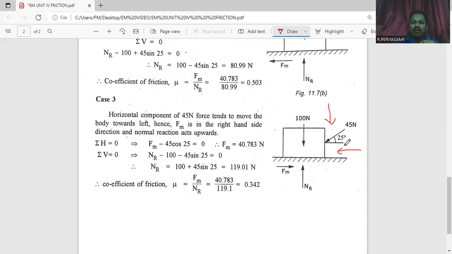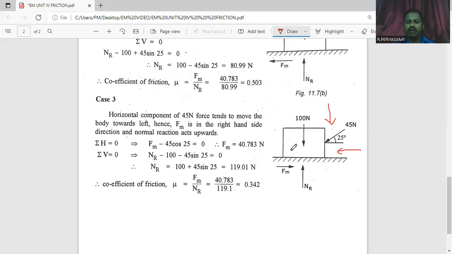Its horizontal component is minus 45 cos 25 degrees. Here the frictional force direction is rightward, so it is a positive sign. So Fm minus 45 cos 25 degrees equal to 0. Finally, we calculate Fm equal to 40.783 Newton.